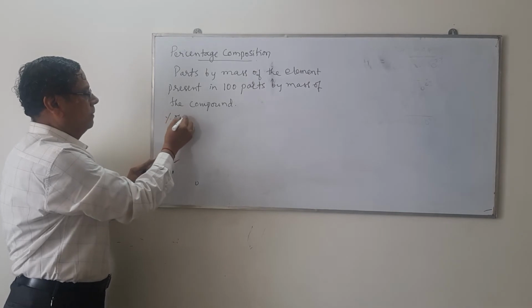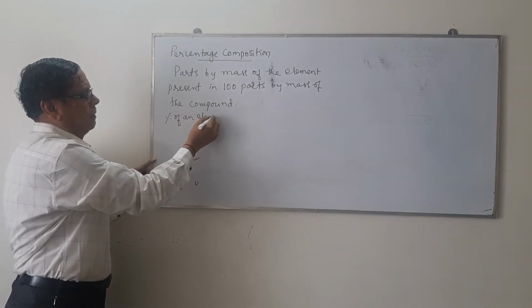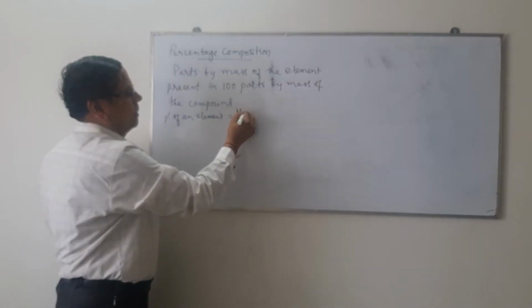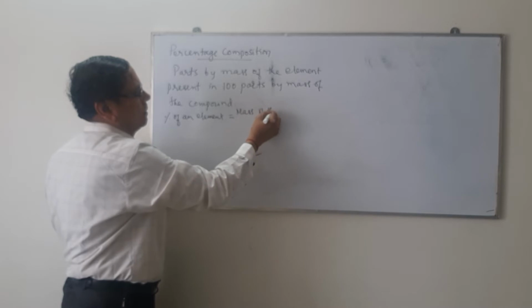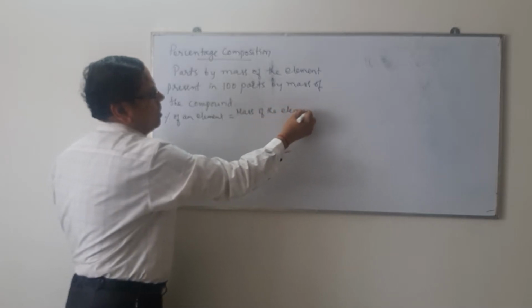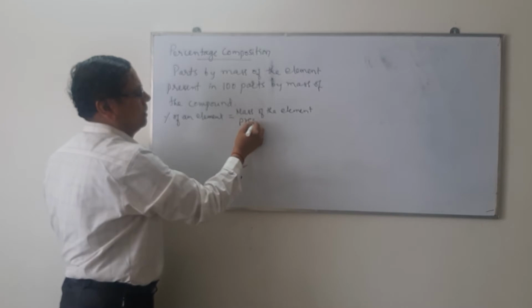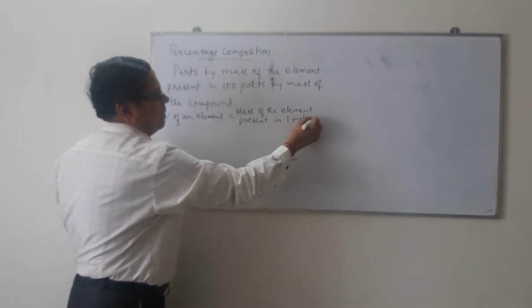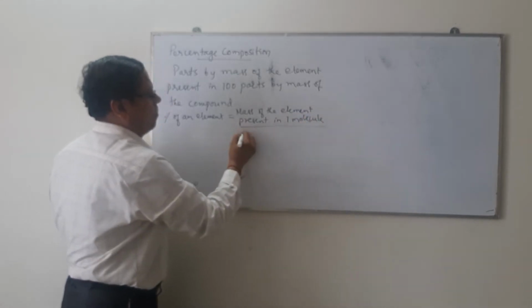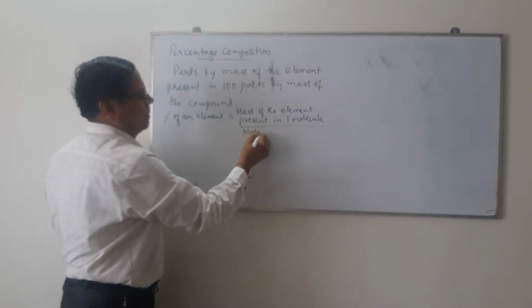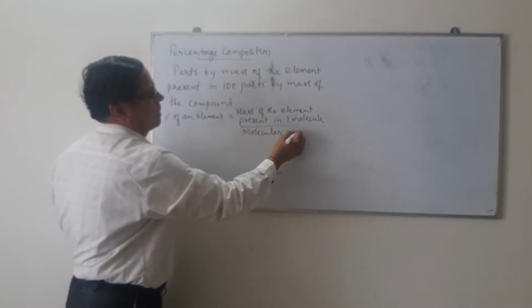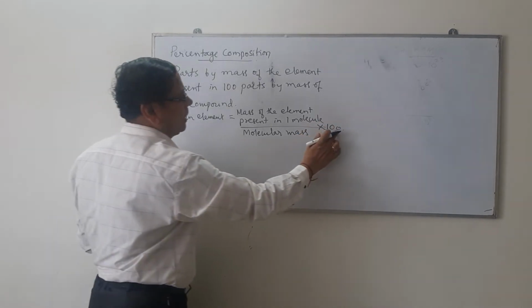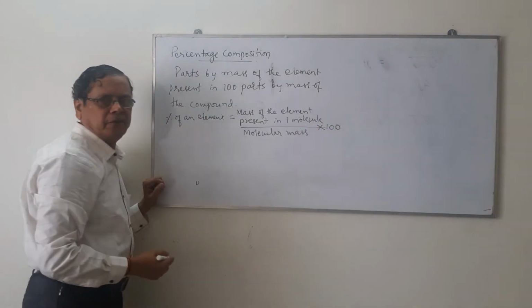The percentage of an element is equal to, and this is the general equation I am writing, the mass of the element present in one molecule divided by the molecular mass, multiplied by 100. This is the expression using which we can calculate the percentage composition of an element.